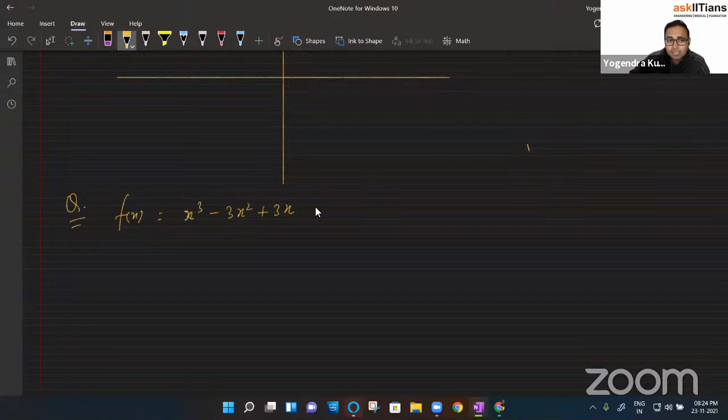Is it strictly increasing, increasing, decreasing, or strictly decreasing? Four options are there. What should be the correct answer? And in what interval is it increasing, if you are getting different intervals?